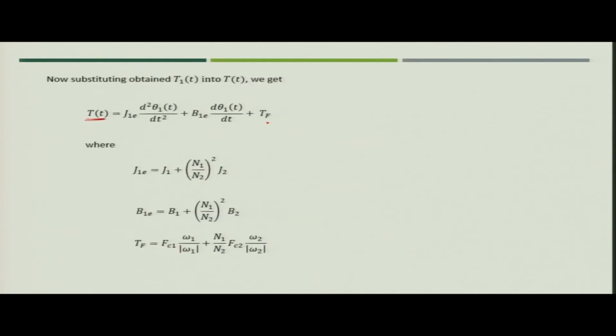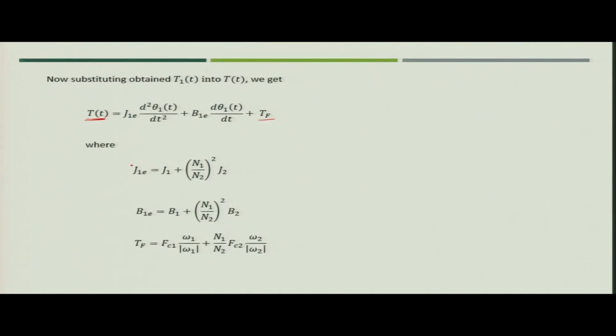So, when you further simplify, you can write total torque T is nothing but J1 equivalent d2 theta 1 by dt2 plus B1 equivalent d theta 1 by dt plus Tf, that is equivalent Coulomb torque.